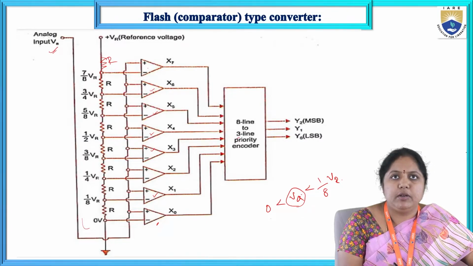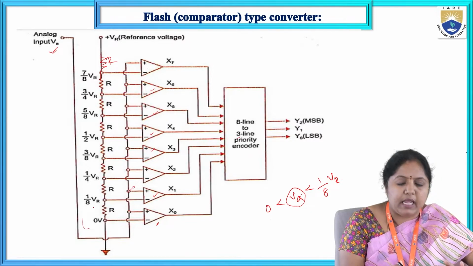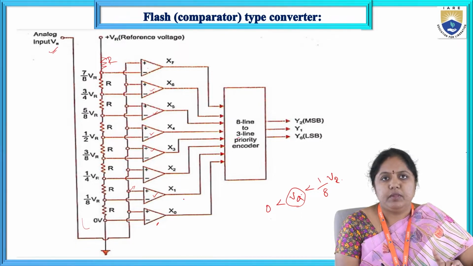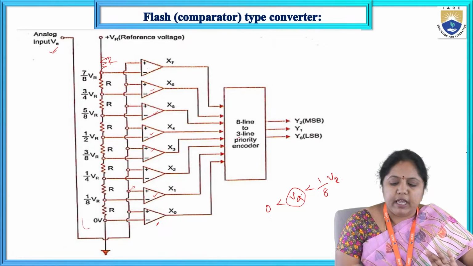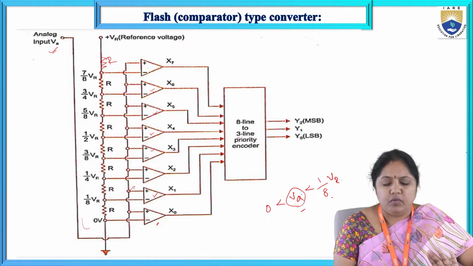When the positive potential value is more than 1 by 8 into VR, at that time the output of this comparator will go to logic 1. So the negative reference voltage is VR by 8, and I have given the input signal in between 0 to 1 by 8 into VR.